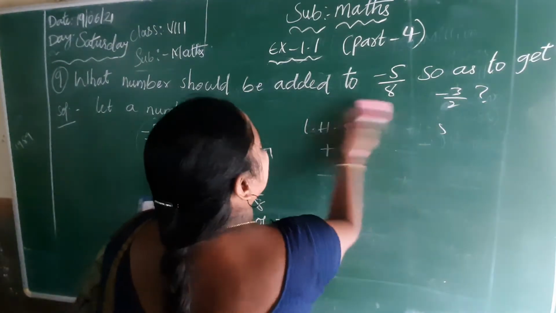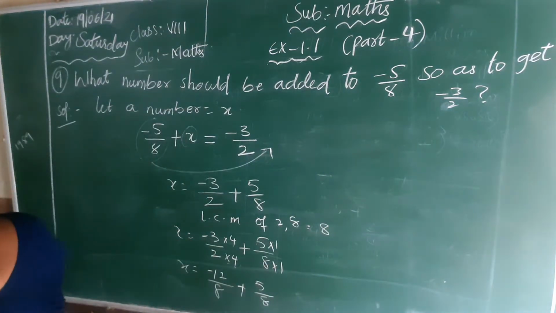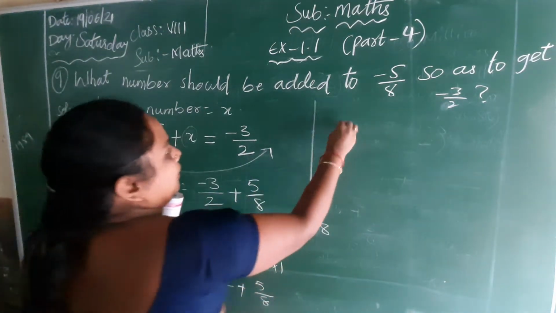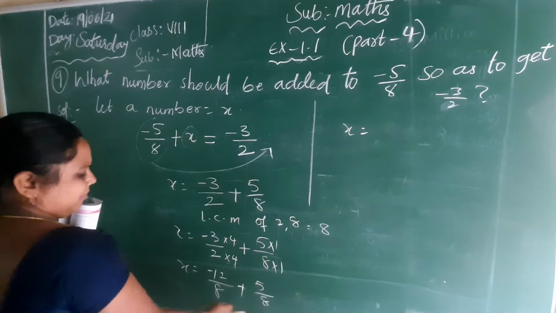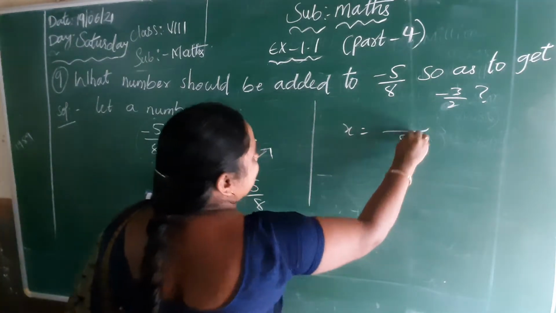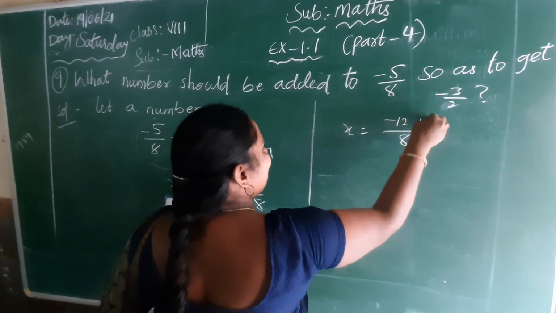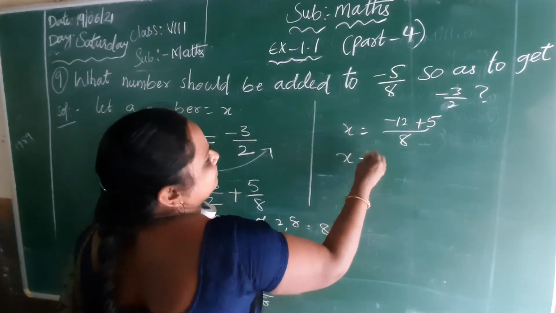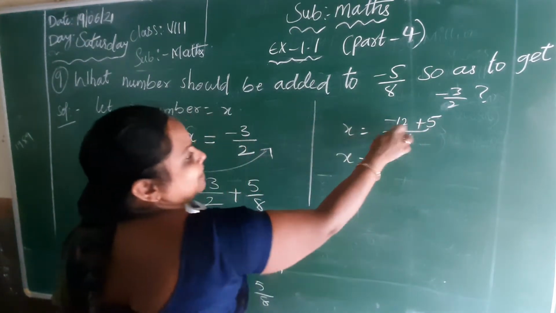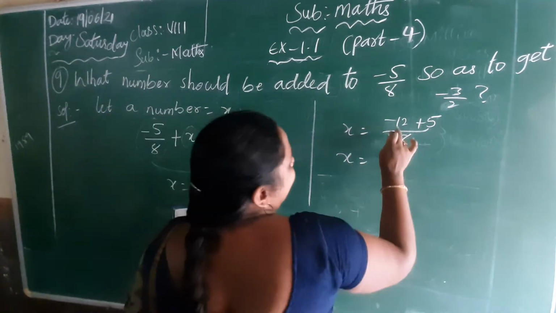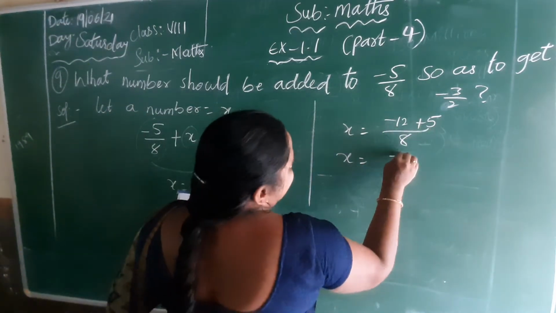Now the denominators are the same, 8, so directly add the numerators: minus 12 plus 5. One is plus and one is minus, so what we will do is subtract: 12 minus 5 is 7.